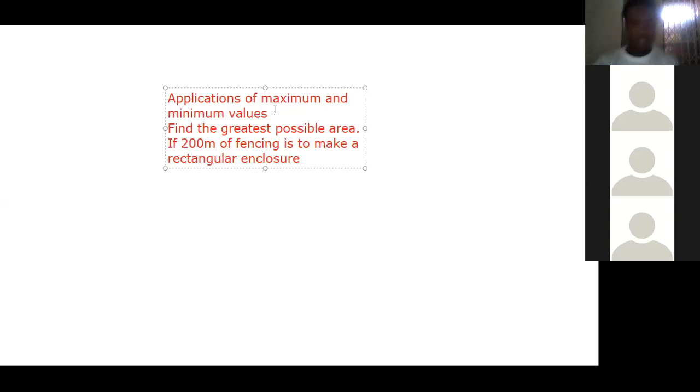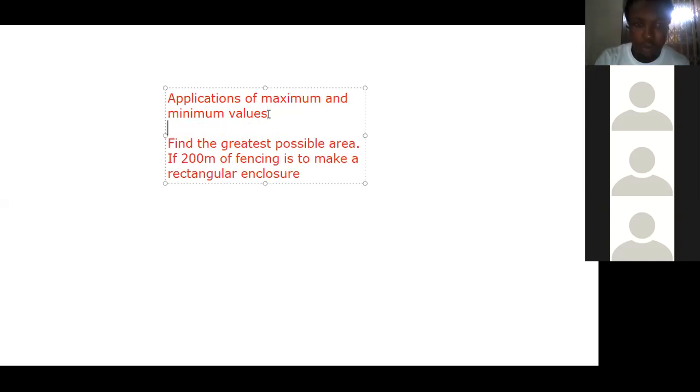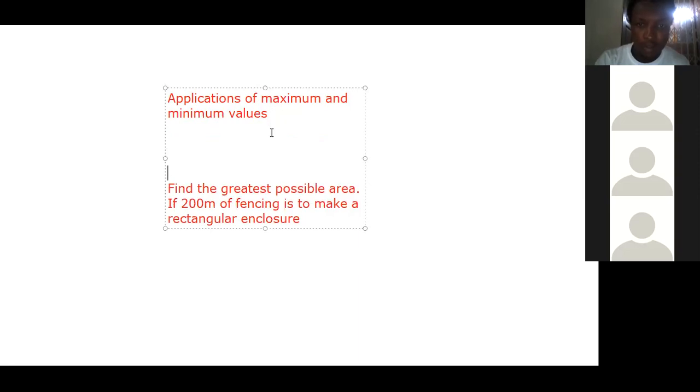Now, let's use this question to understand exactly what we mean by the application of maximum and minimum.